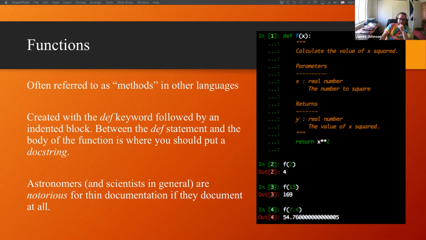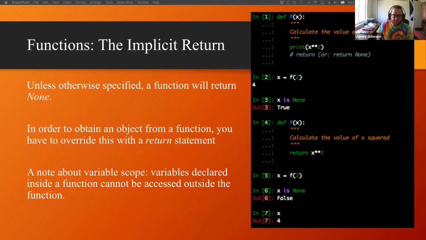Because there's not much to say about functions at large, other than what the syntax is and how to work with them, because the body of the function is going to vary from function to function and based on what it does. The one thing that is probably new to most, if not all of you, is the implicit return. In C or C++, you declare the type of value that a function returns.